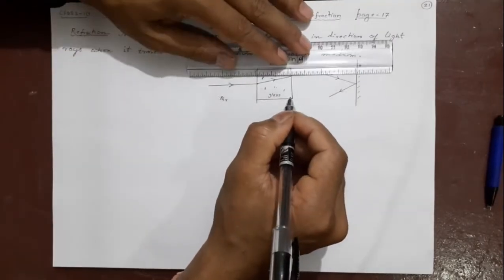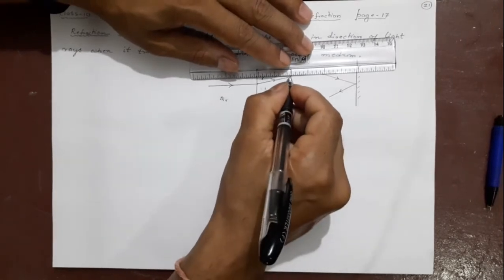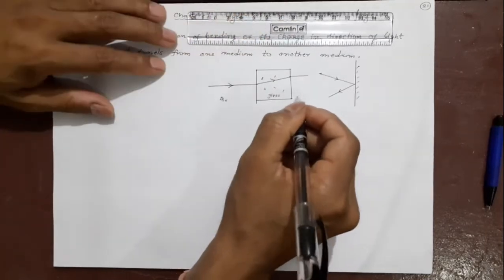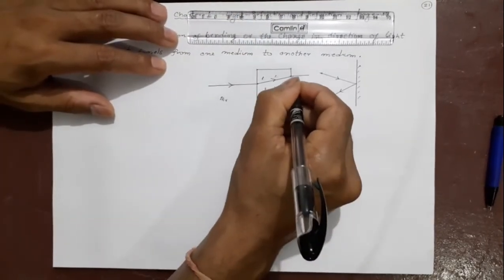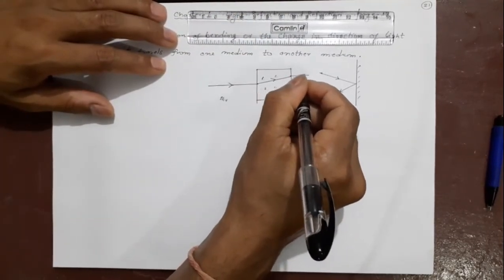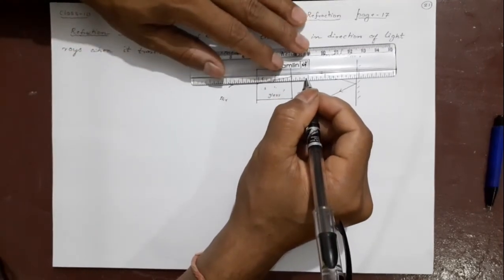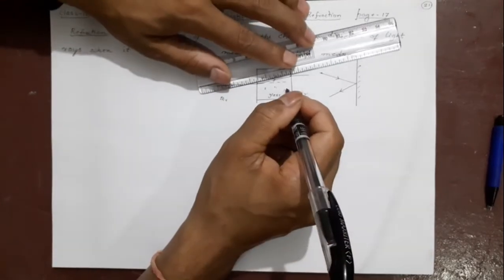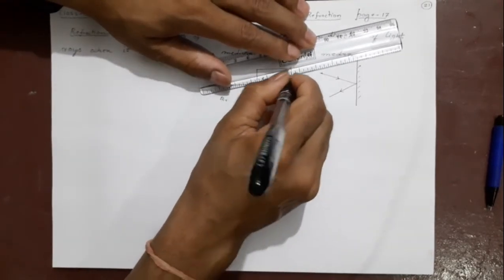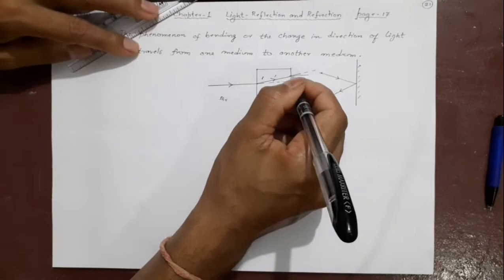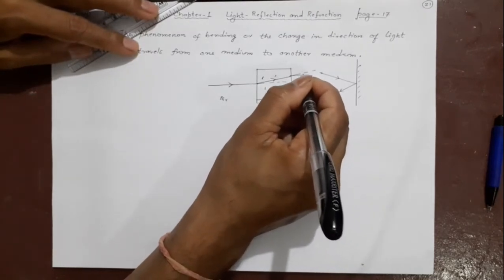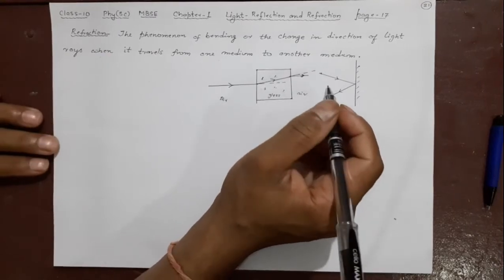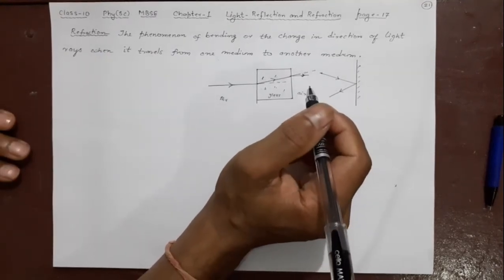If it comes out from here, it will again bend, from glass to air. It was supposed to go straight like this, but it changes direction. It is supposed to go like this, but it changed its direction again. Can you understand? This is called refraction, the bending of light. The changing of direction is called refraction.